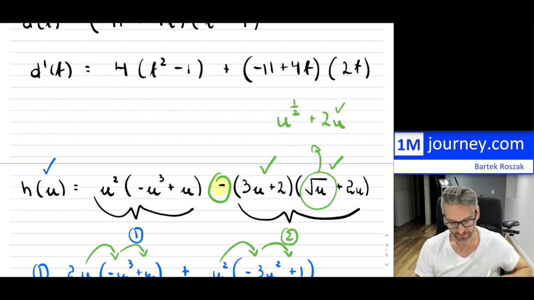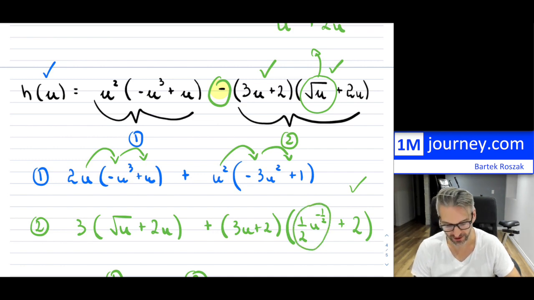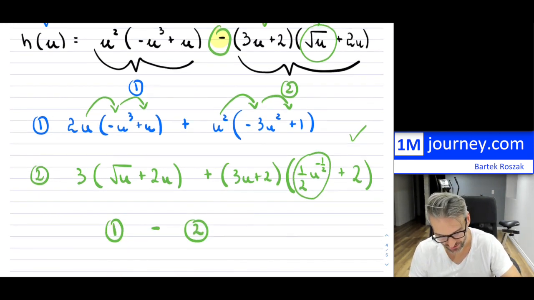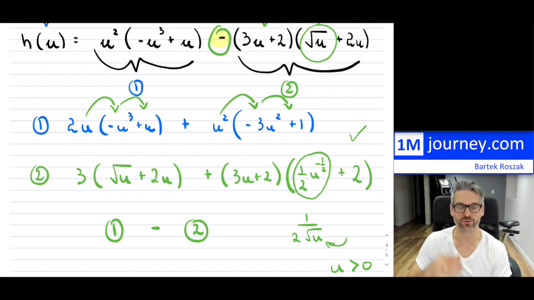In terms of the derivatives, you're going to be running into that problem as well because you have the derivative over here, and this is nothing else but simply 1 over 2 square root of u. So u has to be greater than 0, because it can't be 0, we would have it undefined, so there is no derivative that exists there. And it has to be greater than 0 because we can't have negative values under the square root.